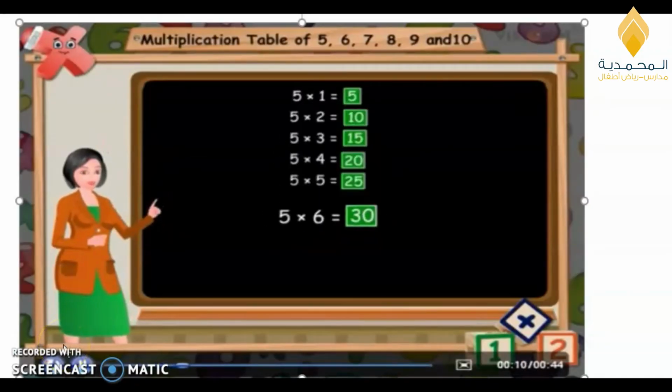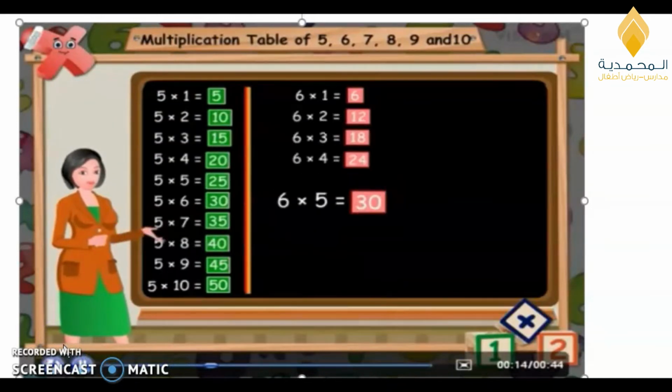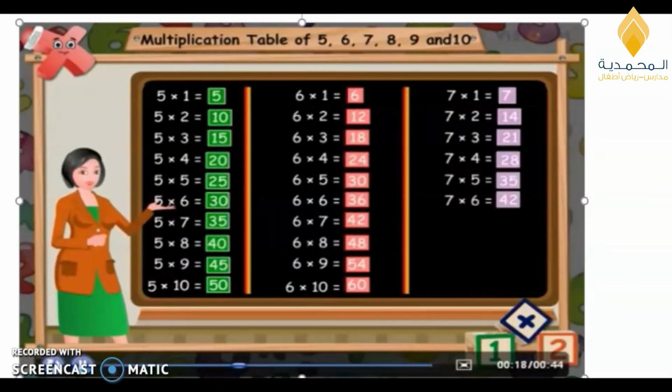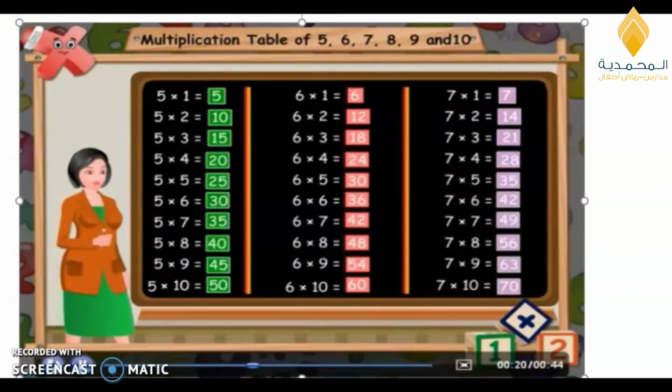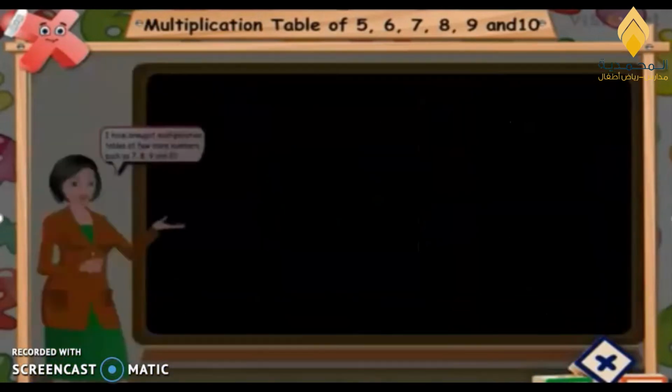Okay, this is the multiplication table of the number 5 and the multiplication table of the number 7. You have to save them and memorize them all.